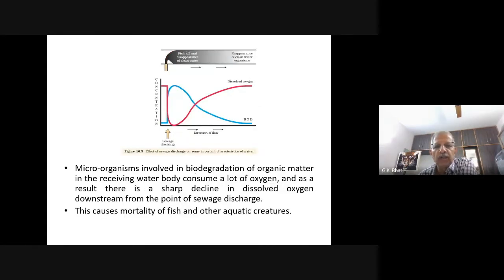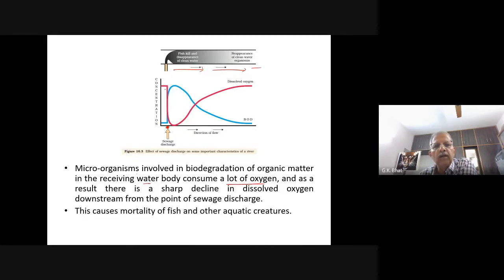Microorganisms involved in biodegradation of organic matter. Now again, let me tell you, this is the water that is flowing, in this direction. At one point, we are adding sewage to the water. This is the point where sewage is added. Sewage is made to join the river. Microorganisms involved in biodegradation of organic matter in the receiving water body consume a lot of oxygen.